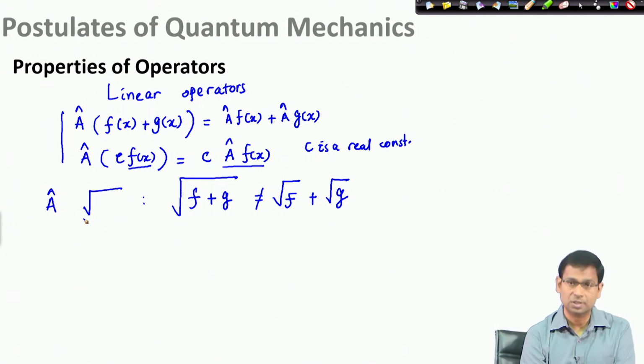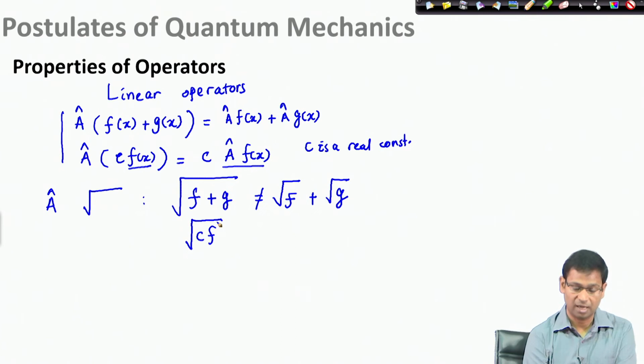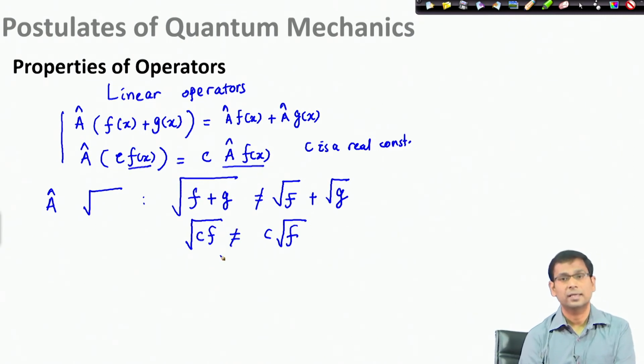In fact, it also does not satisfy the second criterion: if I take a real constant c and multiply with the function f and take a square root, this is not equal to c times the square root of f. So, therefore, the square root operator is not a linear operator.